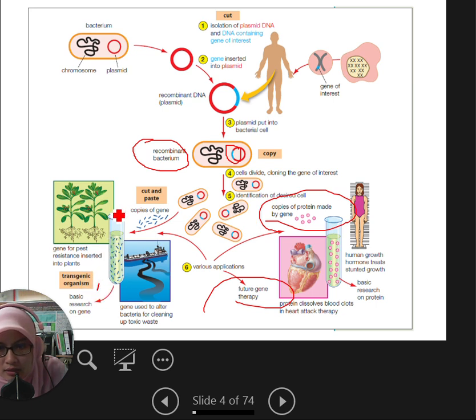Creating transgenic plants. You use the genes to alter bacteria for cleaning up toxic waste. So that is its uses, why we actually use genetic engineering or recombinant DNA technology, why we alter genes in organisms.